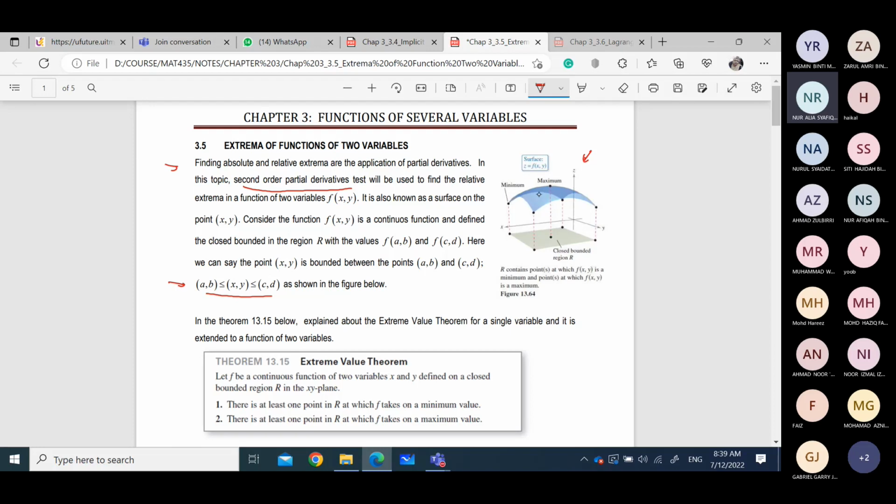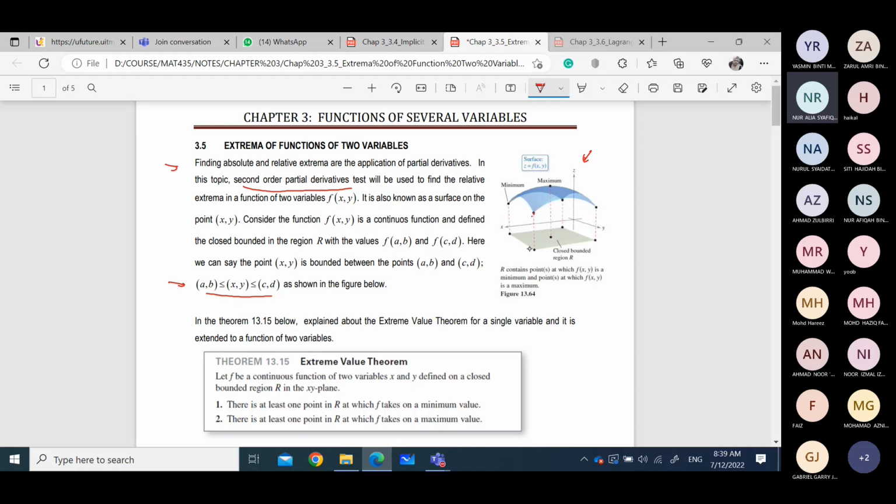Okay, so as you can see in the blue one, this is our surface. Under the surface we have a region. This is a region. Based on this region we can find the area of a surface. So how to find the point? For the points on the surface, we have 1, 2, 3, 4, 5.